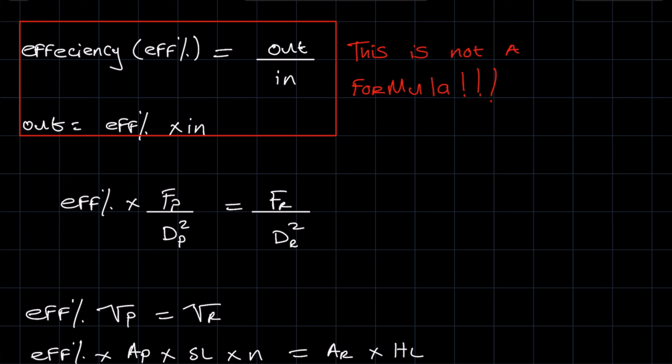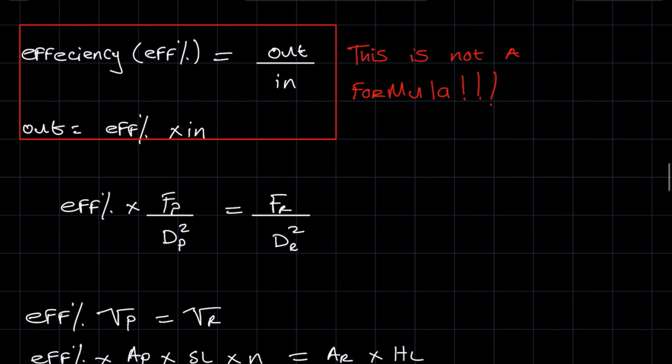So remember how I said the efficiency is going to influence the formulas: whichever quantity we take as in is going to be multiplied by the efficiency. So between FP and FR, FP is the force coming into the hydraulic press.